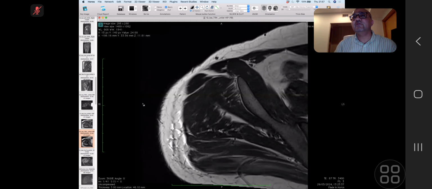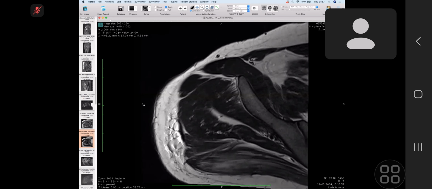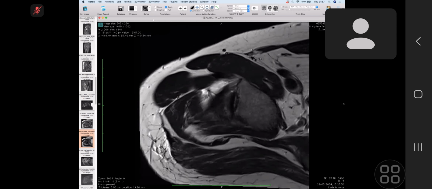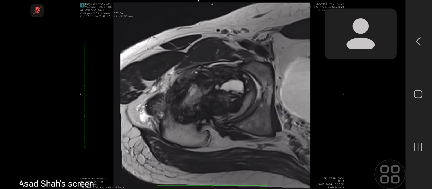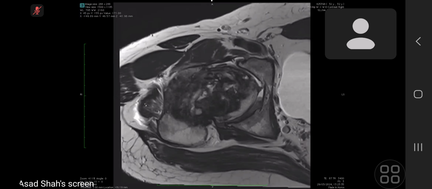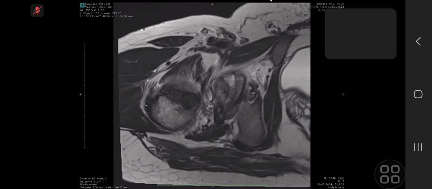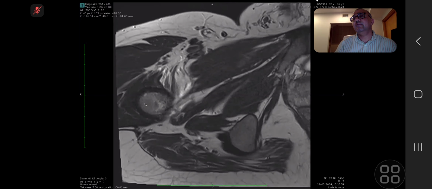All right, so that's a T2 weighted, dedicated axial images of the right hip. Let's start from here. That's distal going proximally now.